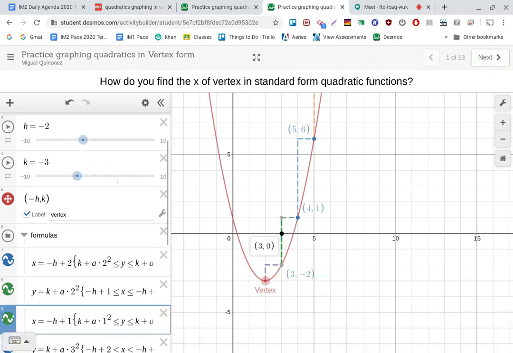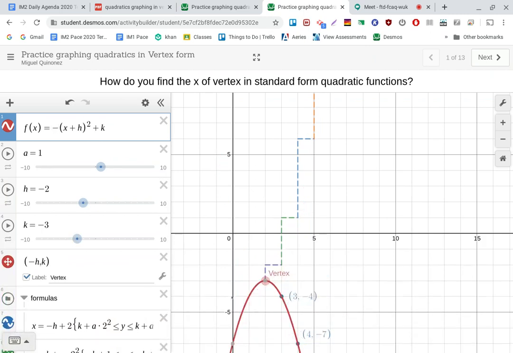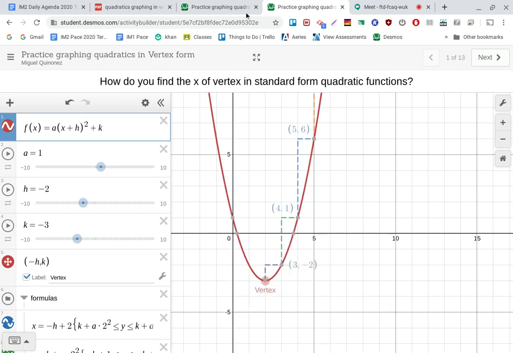If you change the number in front, this A value, if you put a negative there, it'll go down. So if the number in front of the parentheses is negative, the steps are going down instead of up. It doesn't matter what H and K are. What matters is the negative in the front. Good question. All right, let's see.